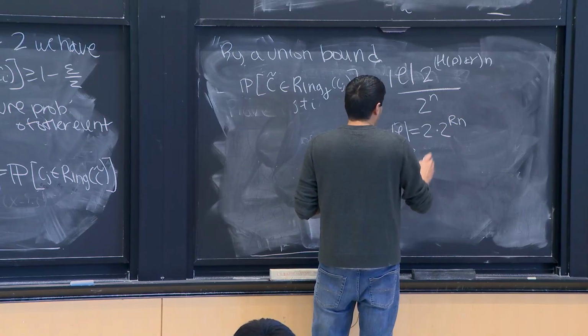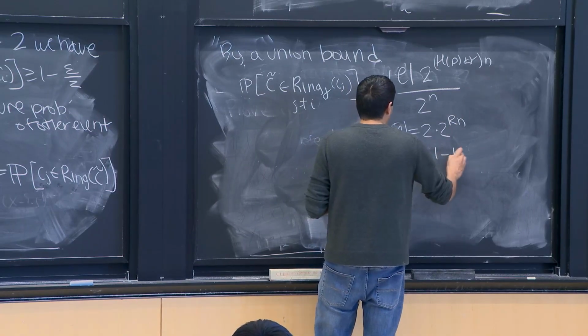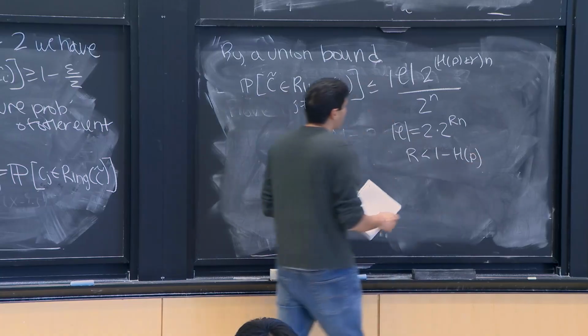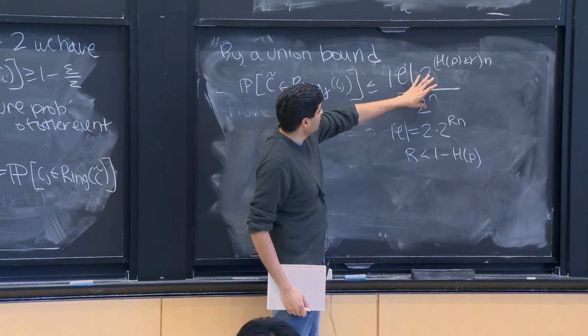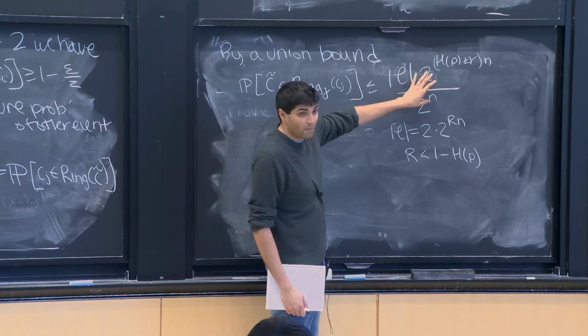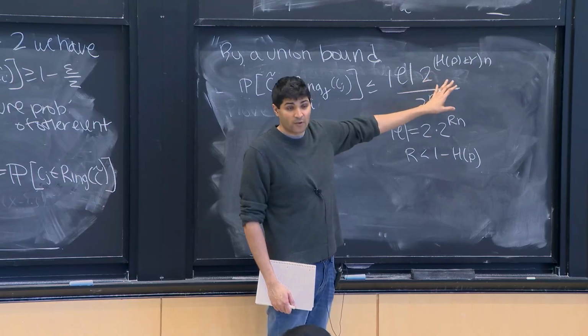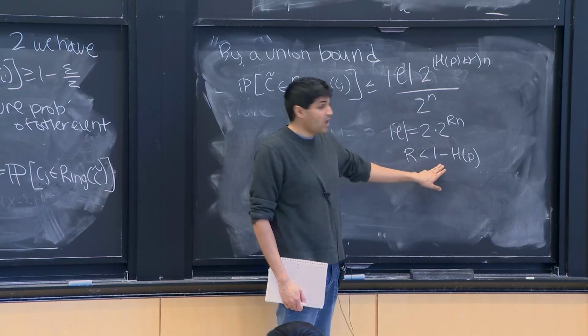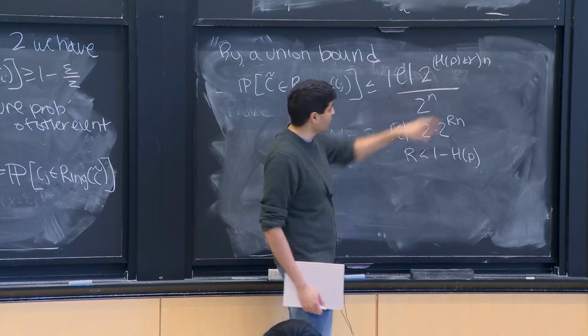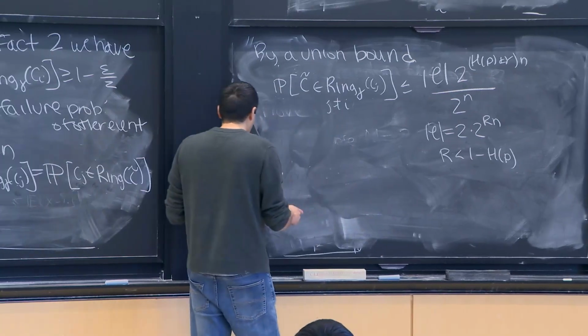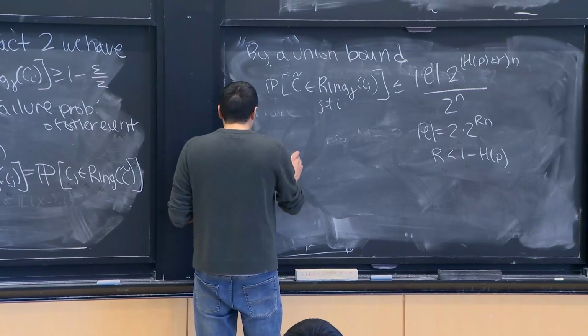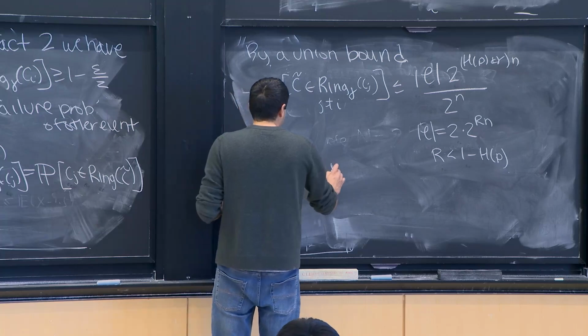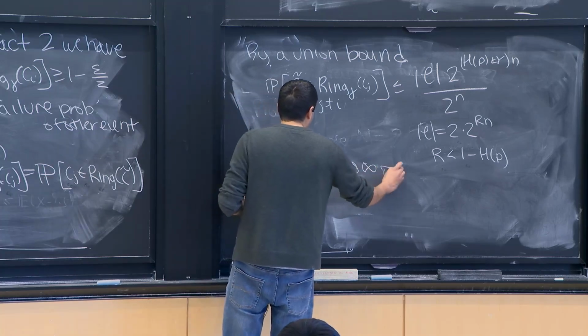And we're assuming that R is strictly less than 1 minus entropy of p. What's going on right here is I have 2 to the minus (1 minus entropy of p). So the point is that once my rate is strictly smaller than what's happening in the exponent over here, then I'm in good shape because this probability goes to 0 as n goes to infinity.